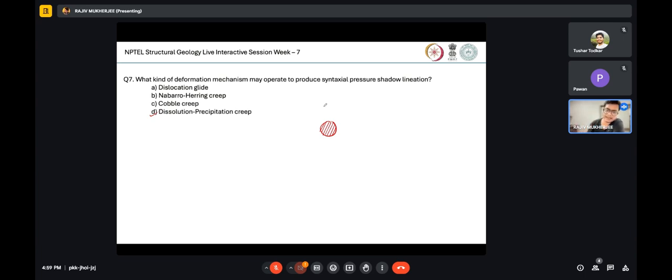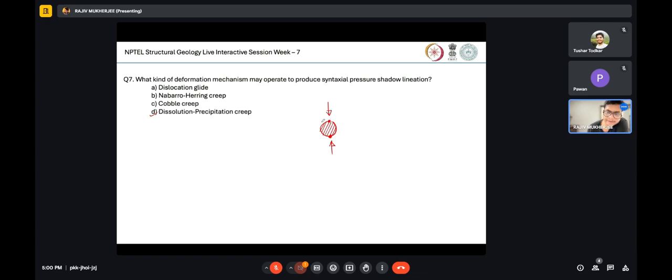So the clast is a rigid body that will not deform. So what is happening is that whenever the stress is being applied, the stress concentration itself along the boundary of the clast will change. So at this point and at this point, you will have the maximum stress concentration.